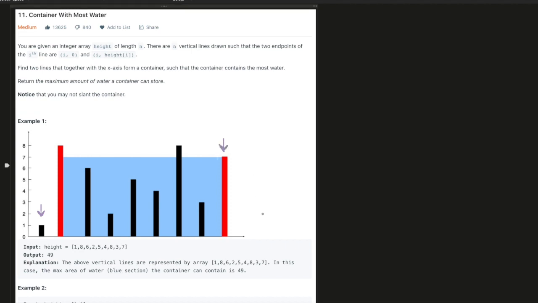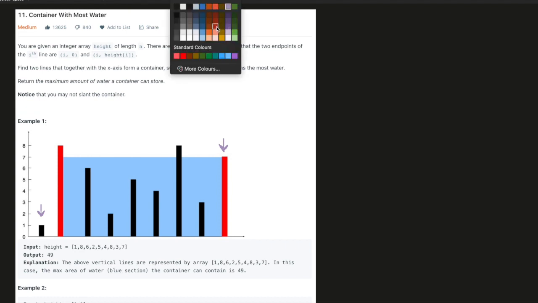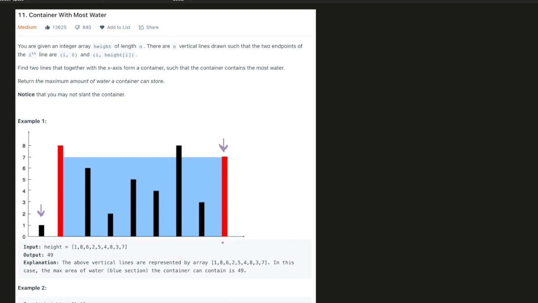Now we're trying to maximize the amount of water stored in the container. If we were to move any of these pointers inwards, so if we moved this right pointer towards the left or the left pointer towards the right, we will always be reducing width.